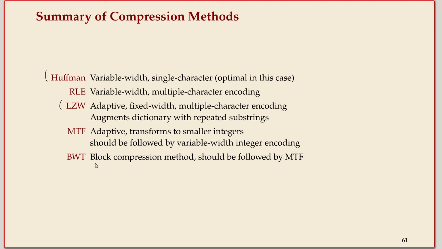And finally, the BWT, which, as you've just seen, can exploit repetitions in a text even if they're very far apart from each other. It still groups them together and exploits the shared context.